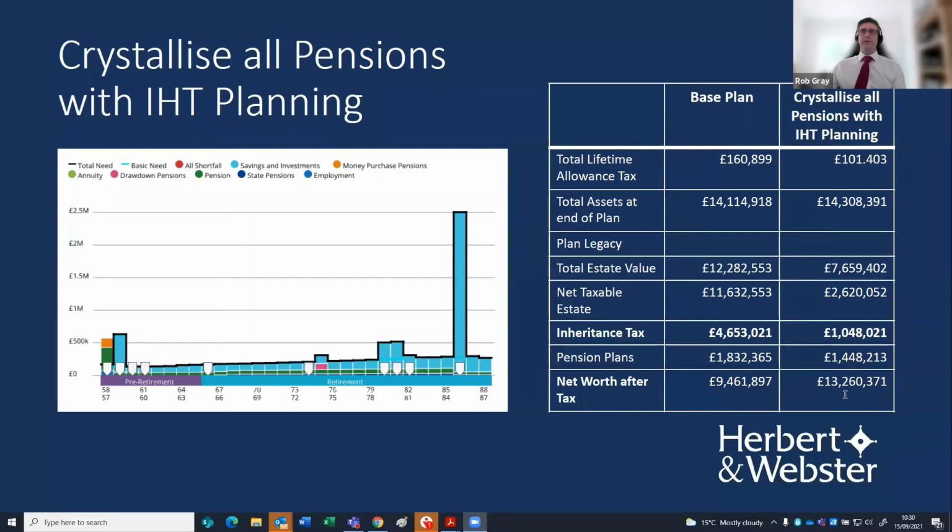So this was really a way of using the cash flow planning to address the client's primary concerns, but also start to show them that yes, you can really focus on trying to save yourself £59,000 of lifetime allowance tax charge, but the much bigger picture here is 3.5 million of inheritance tax that you could potentially save by doing some planning.